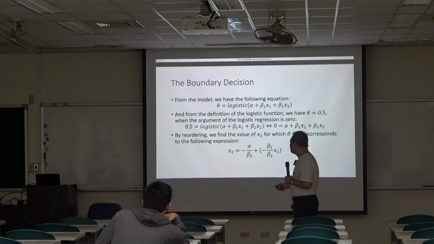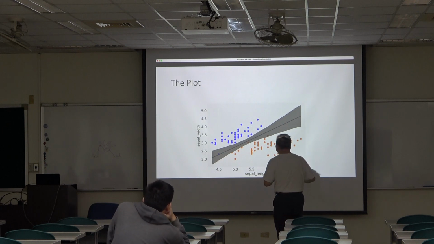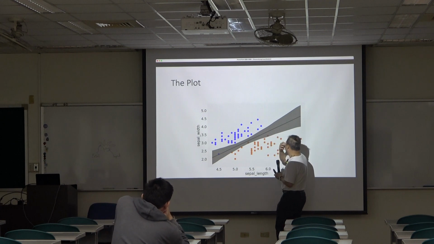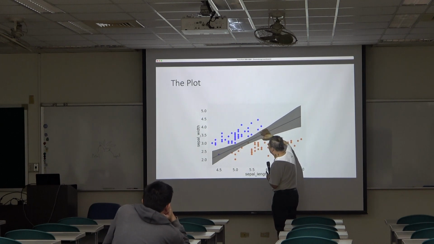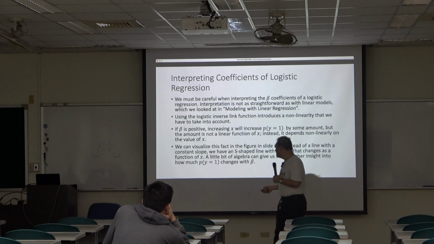So if you change to two highly correlated features, you will find this band becomes much wider.